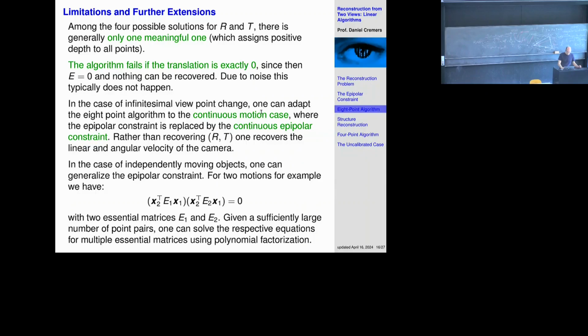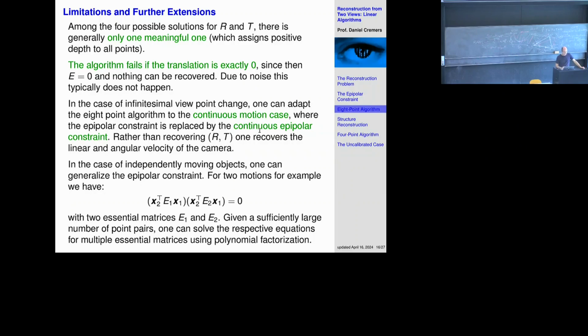And indeed, you can also model an infinitesimal or continuous epipolar constraint, which basically models the case that your camera moves infinitesimally, and then you can impose a constraint that couples the 2D coordinates with this skew-symmetric matrix that captures infinitesimal rotation.